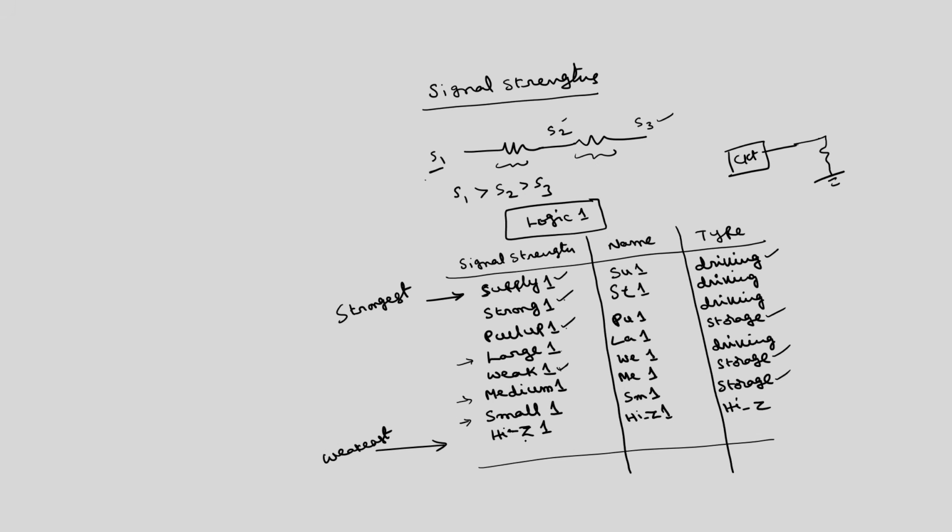Suppose I connect to an RNMOS. This is corresponding to logic 1. Similarly, we can write for logic 0. This is input and output.